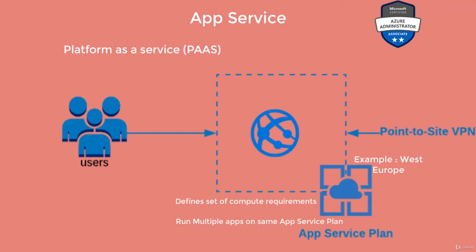When an application runs, it runs on all the virtual machine instances configured in an app service plan, and if multiple applications are in the same app service plan, they all share the same VM instances. Let's chat about different app service plan pricing tiers in the next lesson.